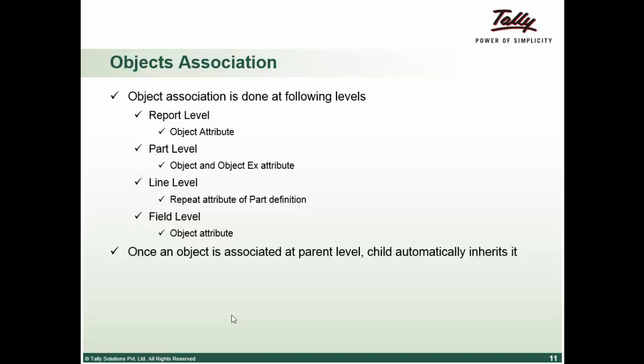The association of the object is done as follows. At report level, we have an attribute object. At part level, we have attribute object and object EX. At line level, we have associating line. We have a repeat attribute at part level, and at field level also we have an attribute called object.